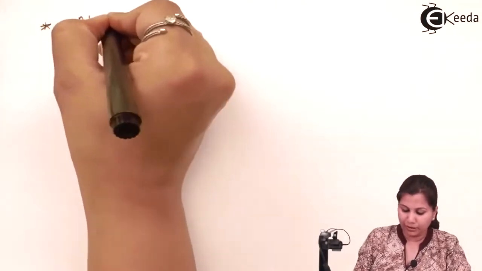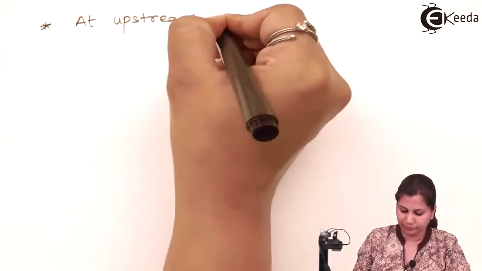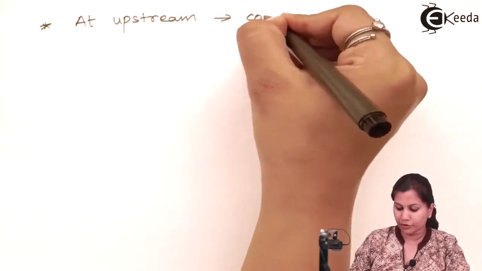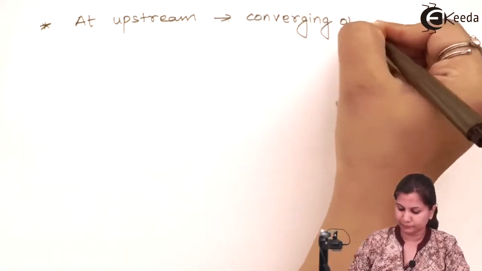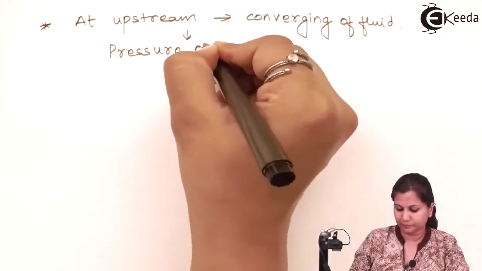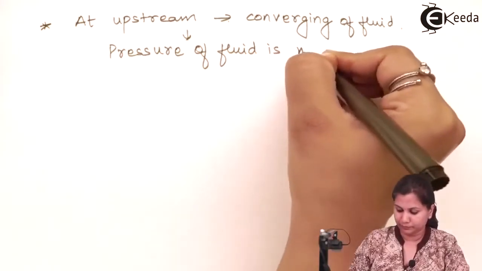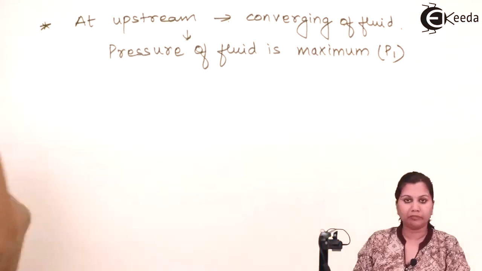Now at upstream, convergence of the fluid takes place, and this pressure is called the pressure P1.